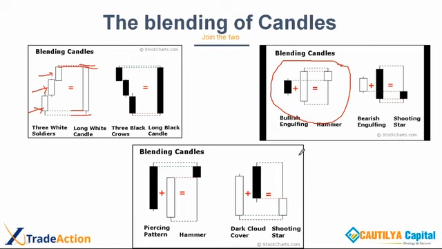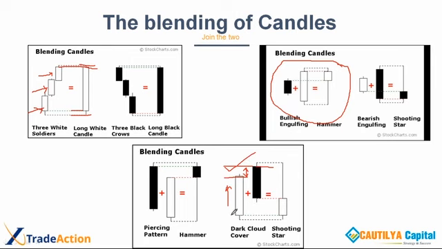Now let me take this lovely example. This is an interesting thing. There is a strong bull candle, and immediately the price gapped up. See, the price opened here. The second candle opened here, which means the open was much higher than the previous close. That is called a gap. And then it fell down to a particular point.